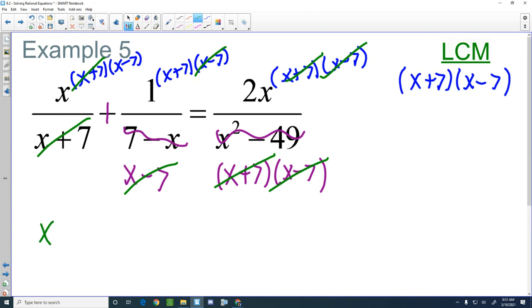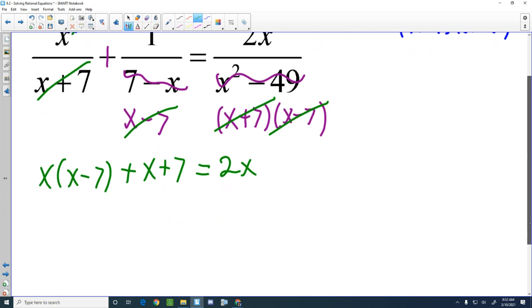What I'm left with in the first fraction is an x, parentheses, x minus 7. This is now a plus sign because I had to take out a negative to switch the order of those two terms. And that's 1 times x plus 7, which will still just be x plus 7, equals simply 2x because those other factors canceled out.